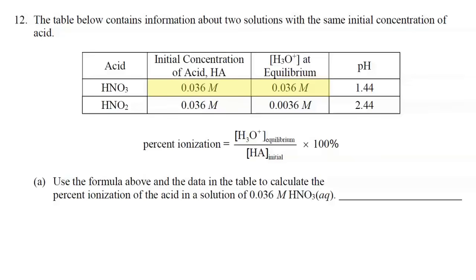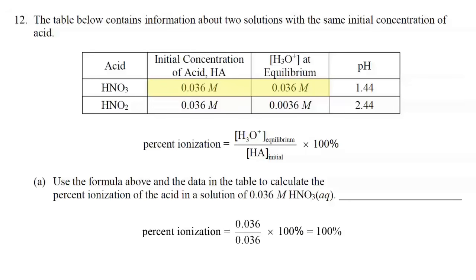It is a ratio of the concentration of the hydronium ion in solution at equilibrium divided by the initial concentration of the acid itself, and then times 100. So for part A, use the formula above, the percent ionization formula, and the data in the table to calculate the percent ionization of the acid in a solution of 0.036 molar HNO3.